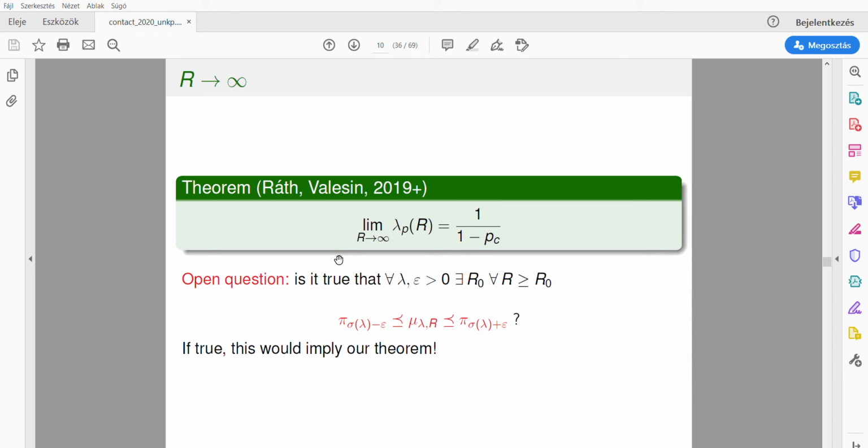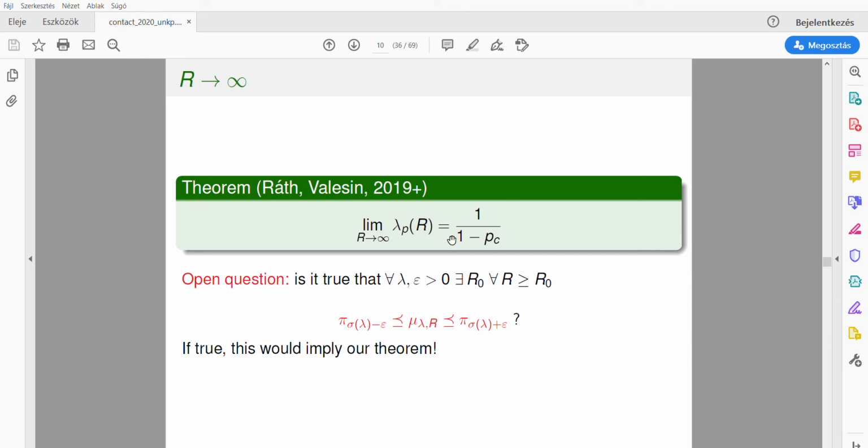The question is: is it true that for any value of lambda and for any epsilon, if you make the range of the contact process big enough, you can stochastically dominate or minorate the upper invariant measure with the Bernoulli product measure whose density is only a little bit bigger or only a little bit smaller than the density of occupied sites under the upper invariant measure?